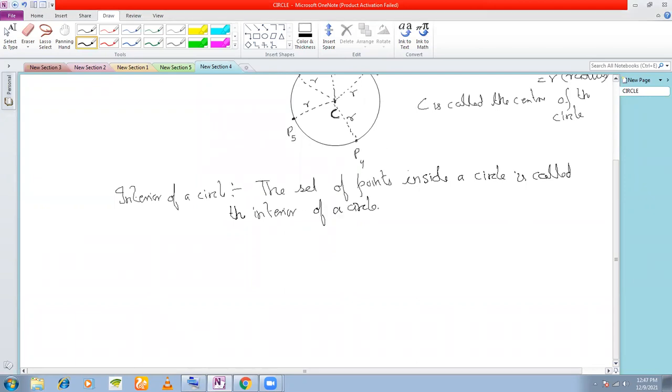So if you have a circle, all these points inside, there will be an infinite number of points. When you take a set of these points, the set will form what we call the interior of the circle.